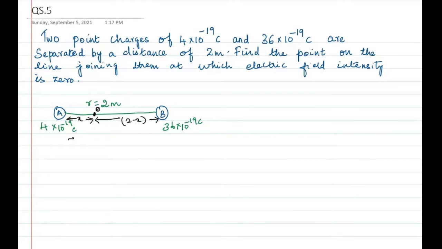Now we can find the electric field. We know the formula of electric field: E is equal to KQ divided by R square. Between the two charges you have a repulsive force. When you keep a test charge at this point O, the electric field will be along the direction of the repulsive force. The test charge will be repelled by A, because both are positive.